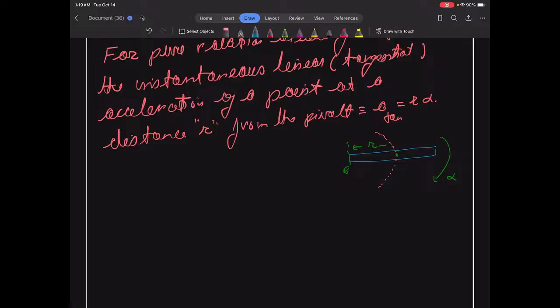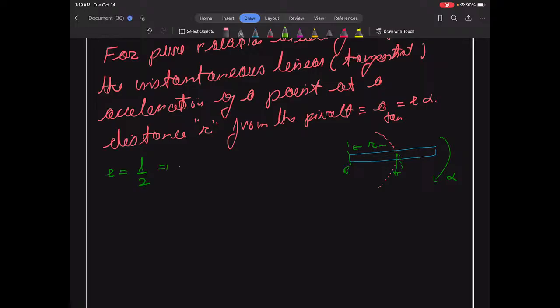Therefore, the acceleration we can say will be somewhat tangential to this circle. And for a small instant, we can assume that it is dropping straight for a fraction of a second. That's why we call this A tangential, or we can also call it A. And in this particular question, this is our center of mass, so value of r is our L by 2.